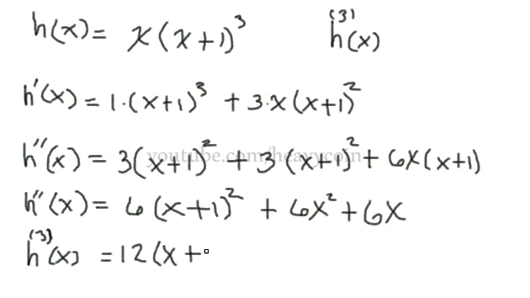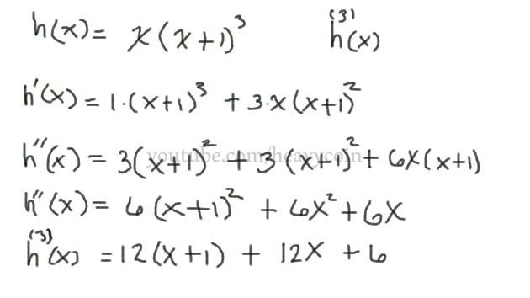Rewrite x plus 1, subtracting 1 from the exponent, and of course take the derivative of the inside, it's just 1. Plus, the derivative of 6x squared is going to be 12x, and the derivative of 6x is just going to be 6.